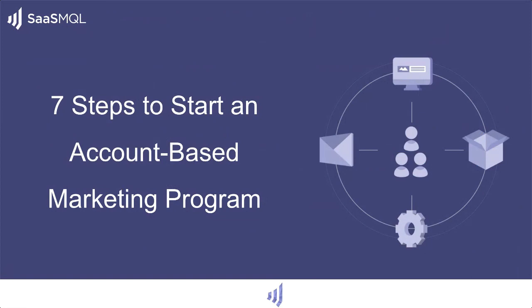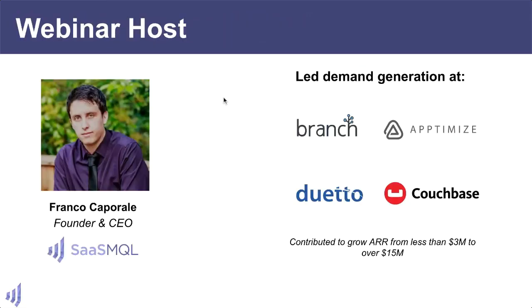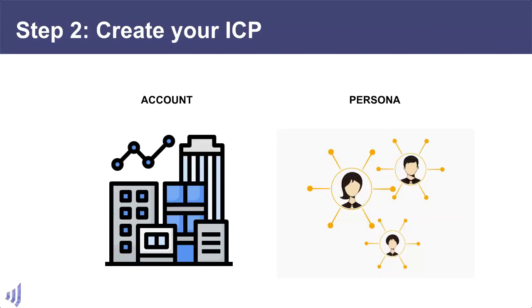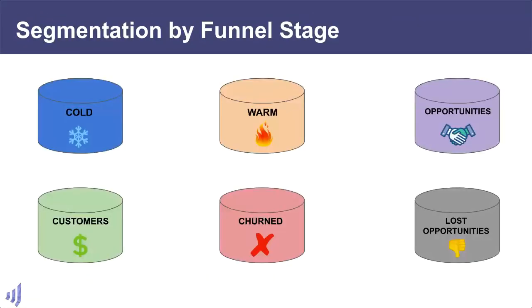The first question, coming from Michael, is what is the best way to segment accounts by stage of the funnel, which is kind of what I showed here. So it depends a lot on the data that you have in your CRM. Usually the majority are going to be cold, but it depends on your definition, particularly of warm.